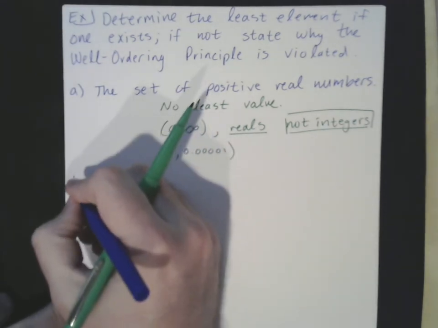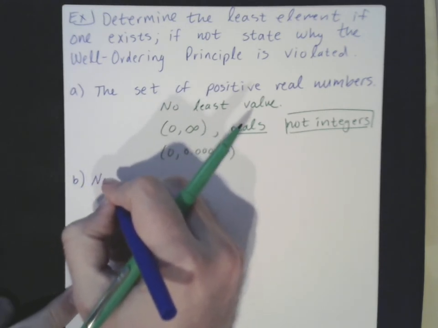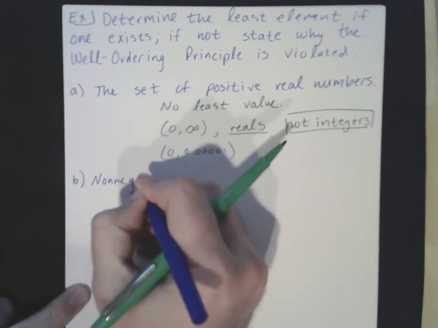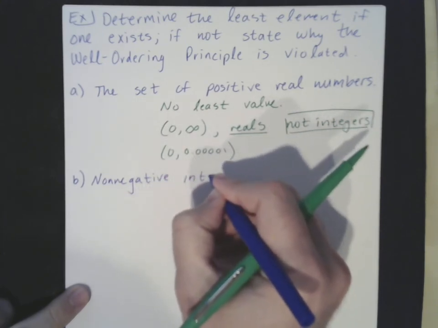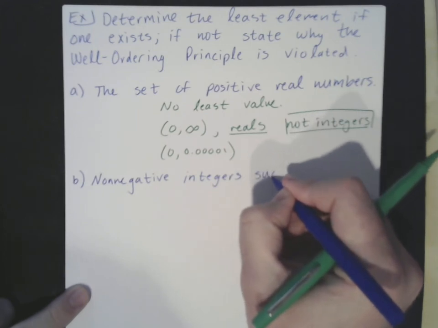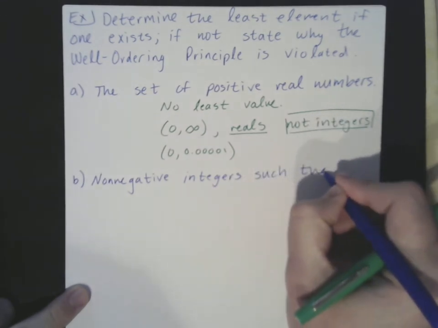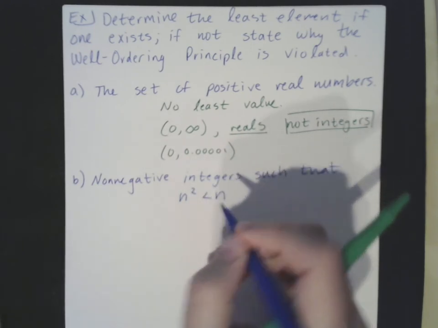All right, so let's look at another one. Let's do non-negative integers such that n squared is less than n.